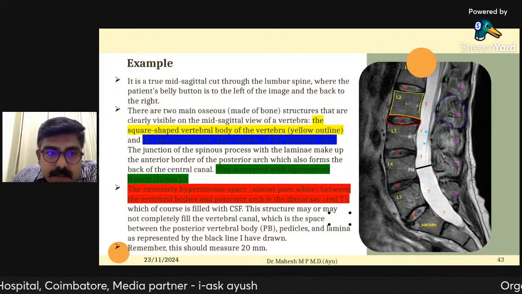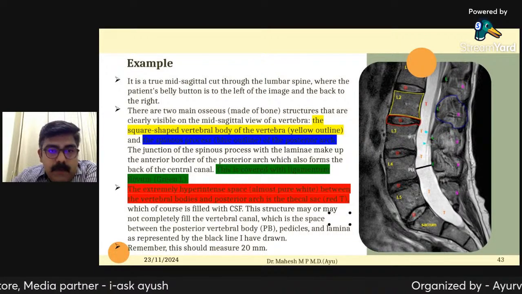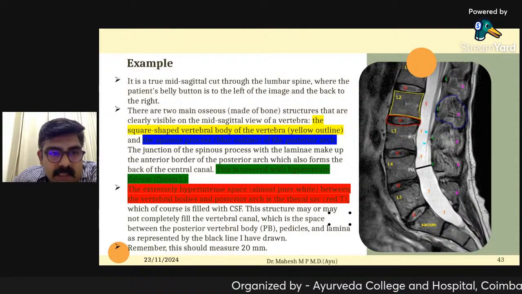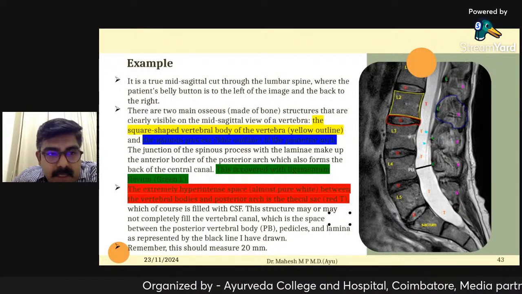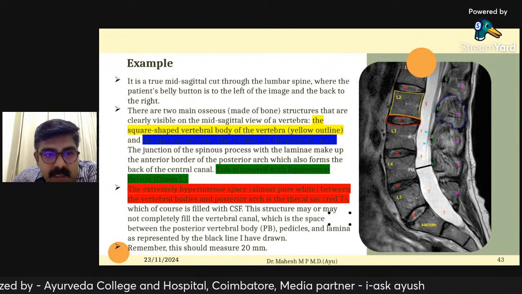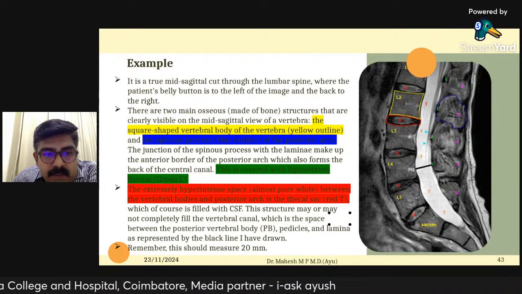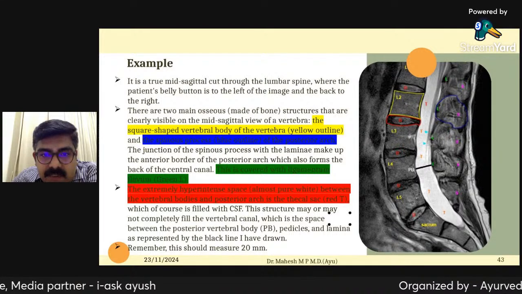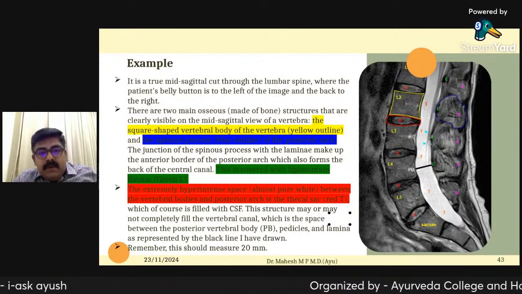This is the spinous process of the posterior arch, and the junction of the spinous process with the lamina makes up the posterior border. You can see it over here, covered with the ligamentum flavum. The green area shown is the ligamentum flavum.